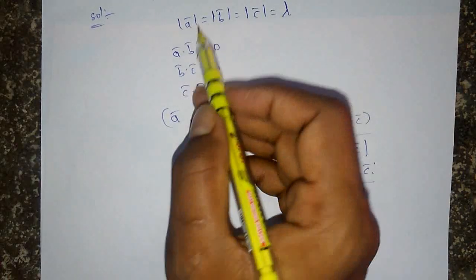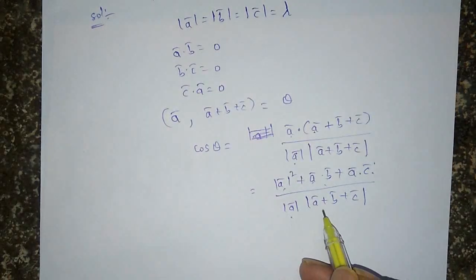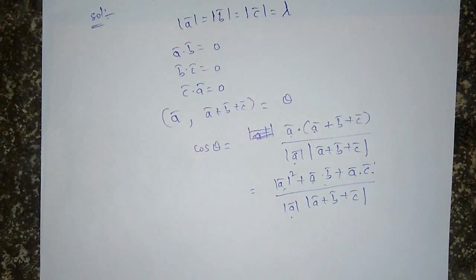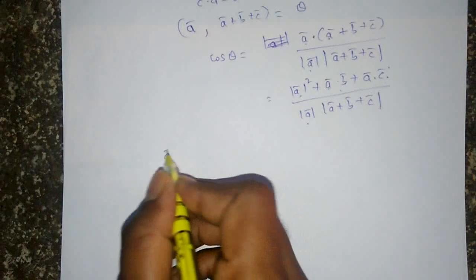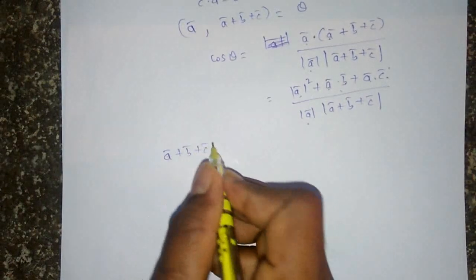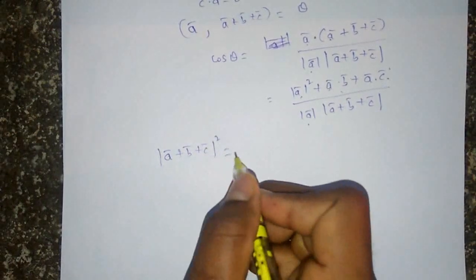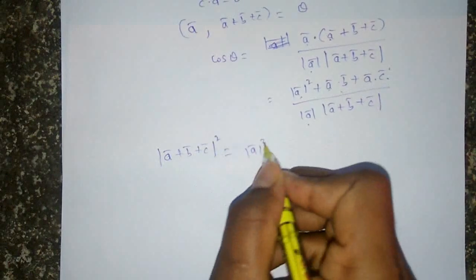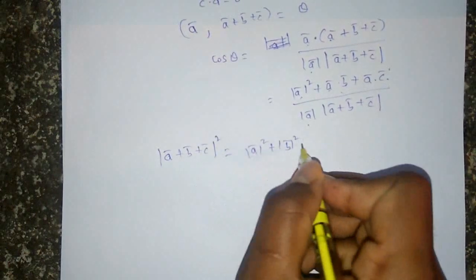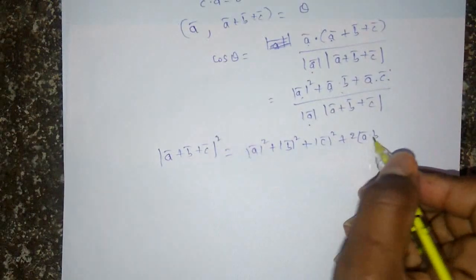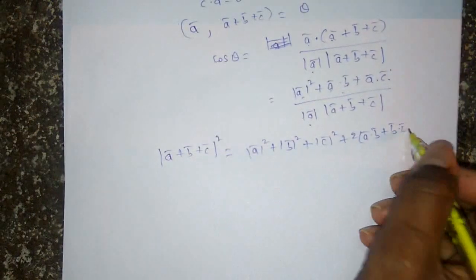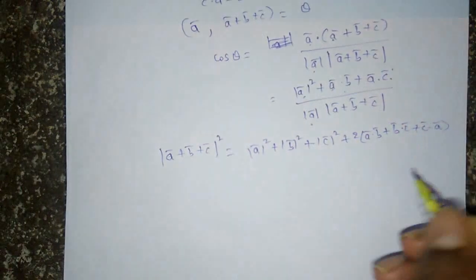|a|² will be lambda squared, |a| is lambda, but we need the value of the modulus of a + b + c. To find that, let us find the whole square. That will be |a|² + |b|² + |c|² + 2(a·b + b·c + c·a).